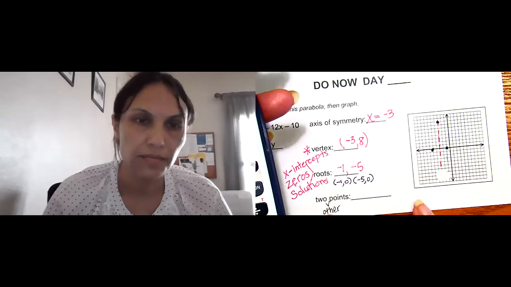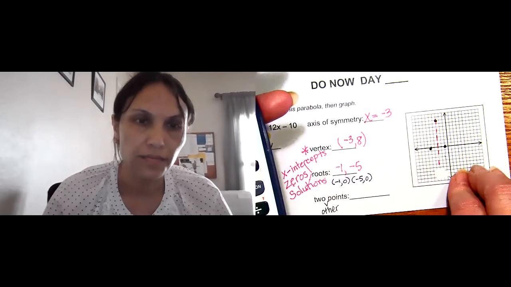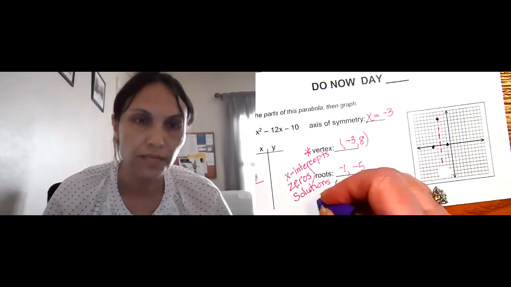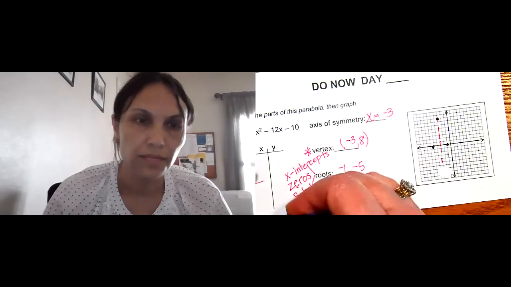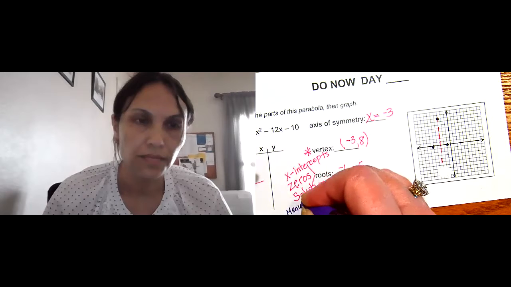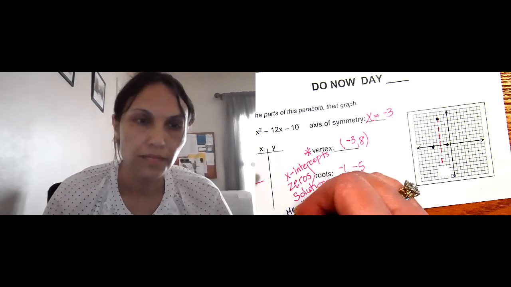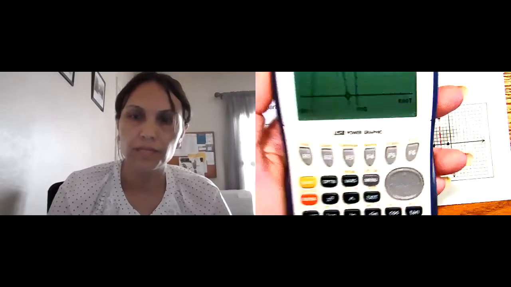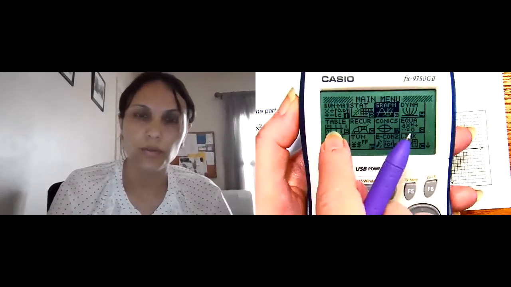What I want is 2 other points to make it easier to draw. So to do that, we're going to go to menu number 5. To get the extra points, I'm going to push the menu, and this time I'm going to go over here to table.